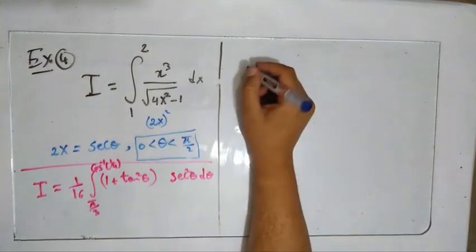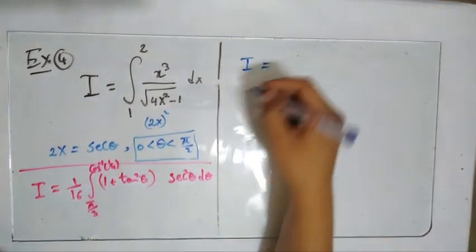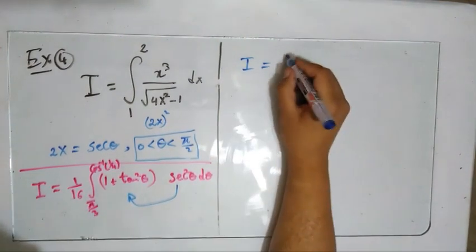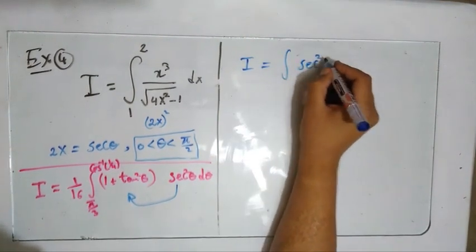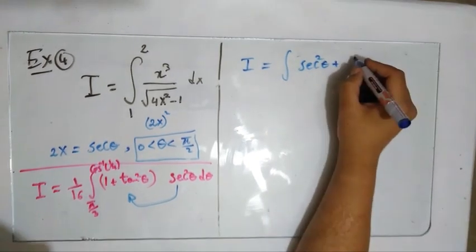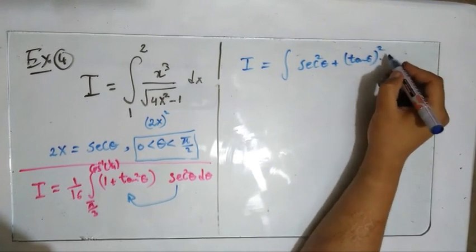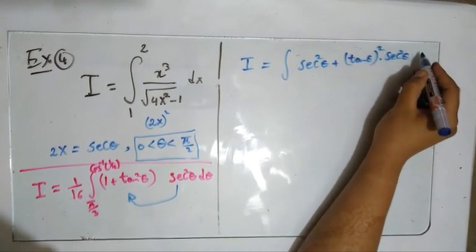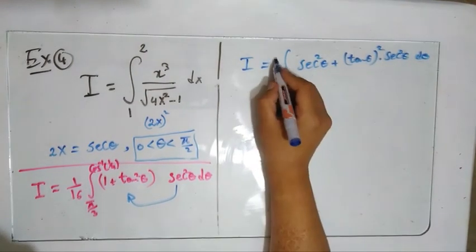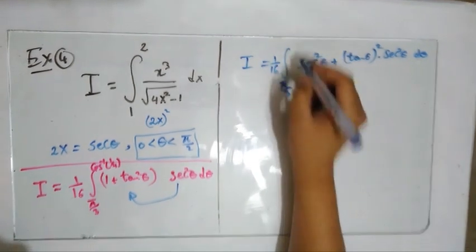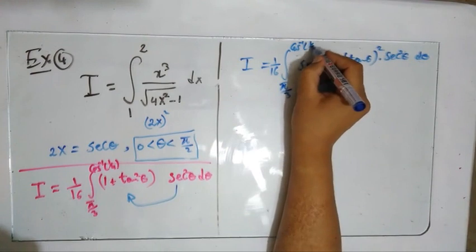Okay, so we can easily solve this integral. If we distribute this sec squared, you will have the integral of sec squared theta plus tan theta all squared times sec squared theta d theta, and here you have 1 over 16 from pi over 3 to cosine inverse of 1 over 4.